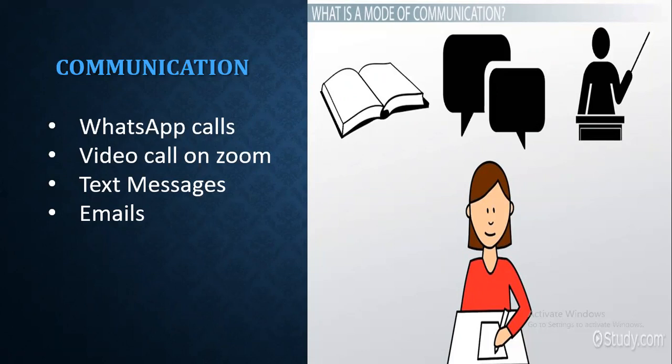Text messages were one of the ways we used to share our short views on some topics. Through emails we send and share our files and our work with the other teammates.